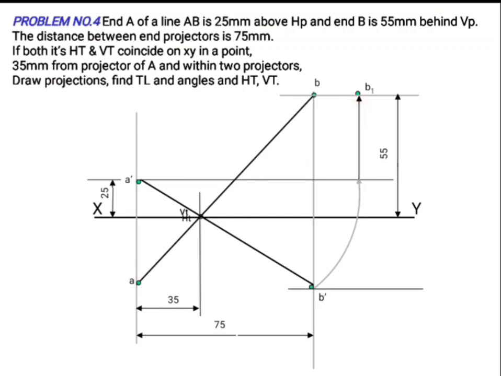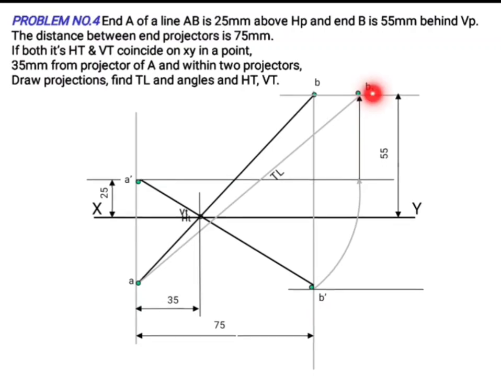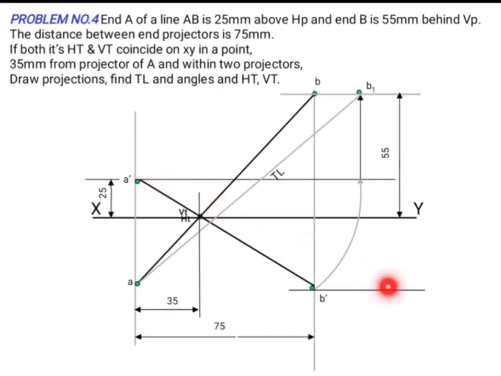Joining A, B1, you will get the true length of the line, and copying this true length line in the elevation side, we will get the intersecting point B1 dash.